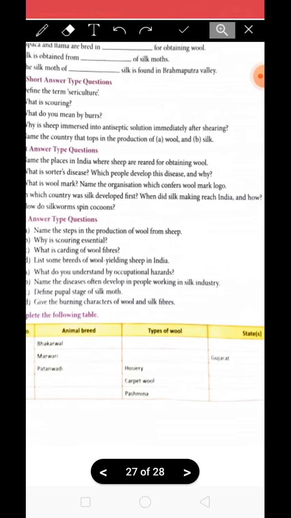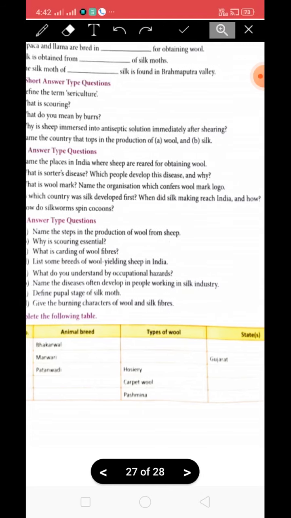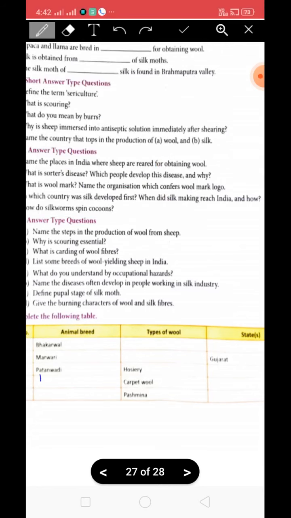Okay, next is Marwari. Marwari is coarse wool and it is from Gujarat. Then I have Patanwadi. It is having hosiery and it is also from Gujarat. Then carpet wool is actually Nali. Over here you will write Nali. Next, here you will write Rajasthan, Haryana and Punjab.